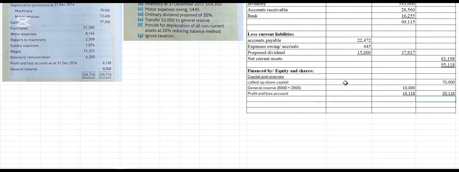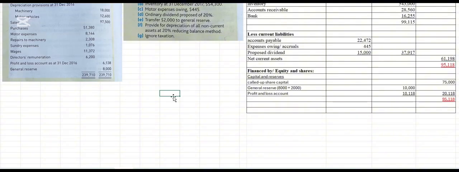You add that to your called up share capital, and you should arrive at 95,118. And this is telling us that our account was balanced because these figures match.